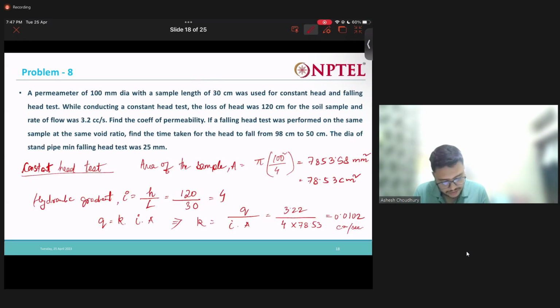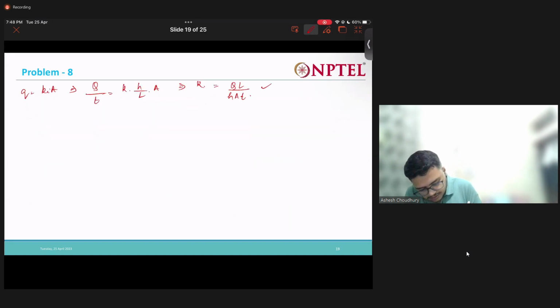So we got the K from the constant head test. Now the next part is our falling head test. Okay, so what is the area? Here the diameter of the standpipe is given, so let us find that.